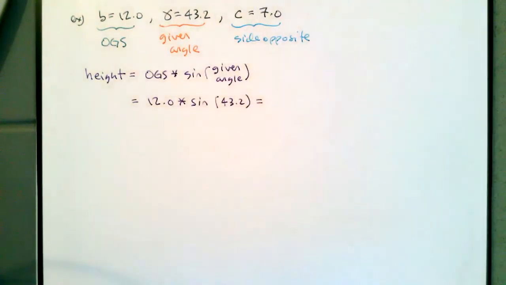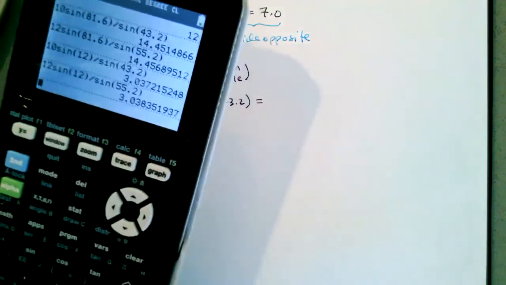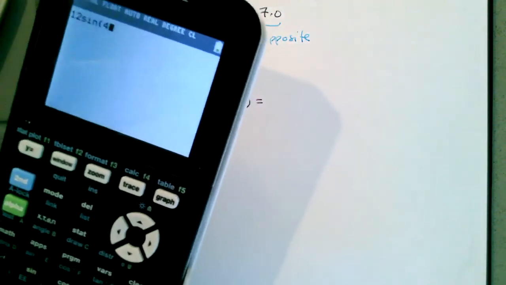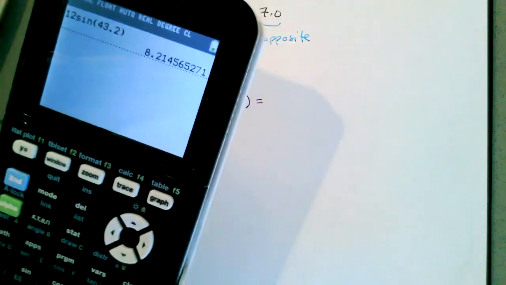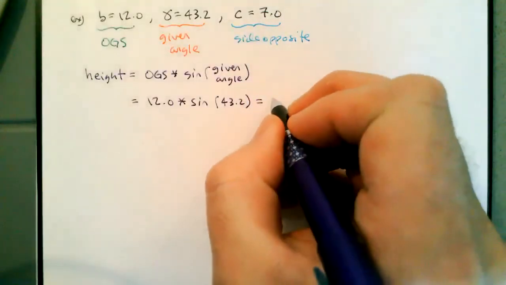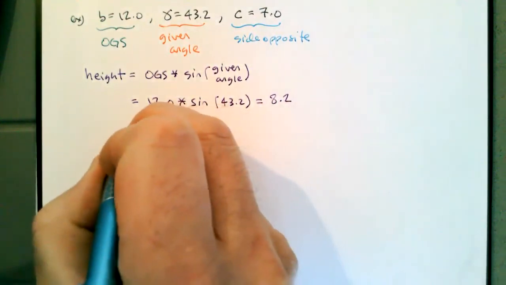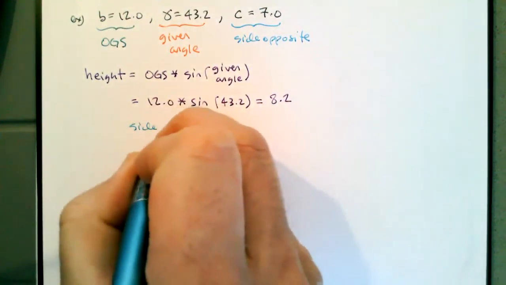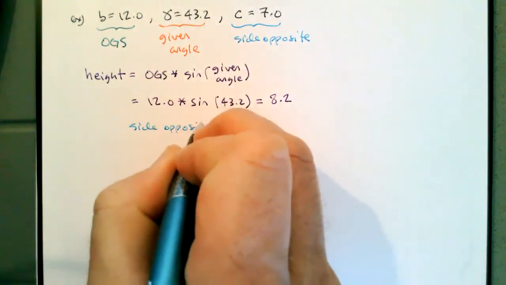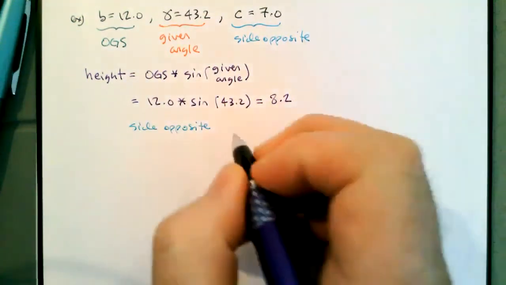We just calculated this, but because it's on the other page, I can't look at it, and I don't have a memory that will remember this. So I'm just going to calculate it. 12 times the sine of 43.2. So the height is 8.2. In this case, the side opposite the given angle is less than the height, and that means there is no triangle. So the side opposite, 7.0, is less than the height.